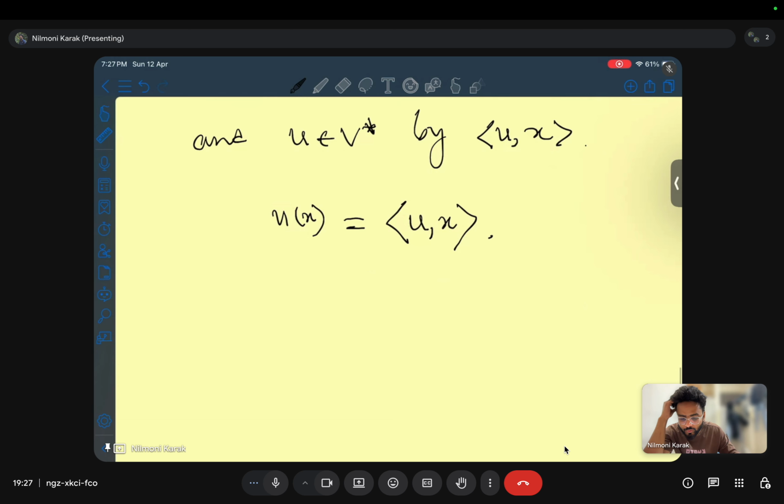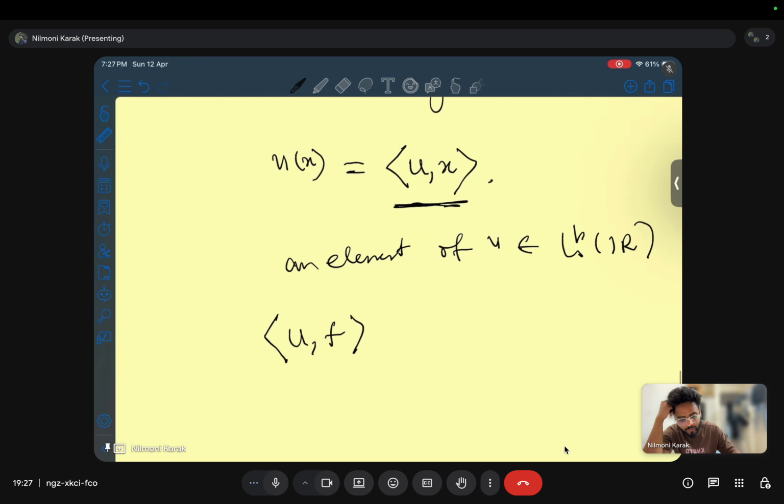Similarly, using this idea, for any element u belonging to your Lp space, the pairing is basically u f, which is the integral of u(x) times f(x) dx.